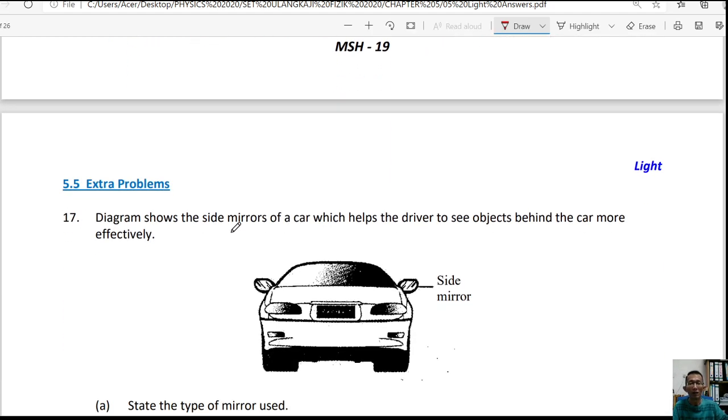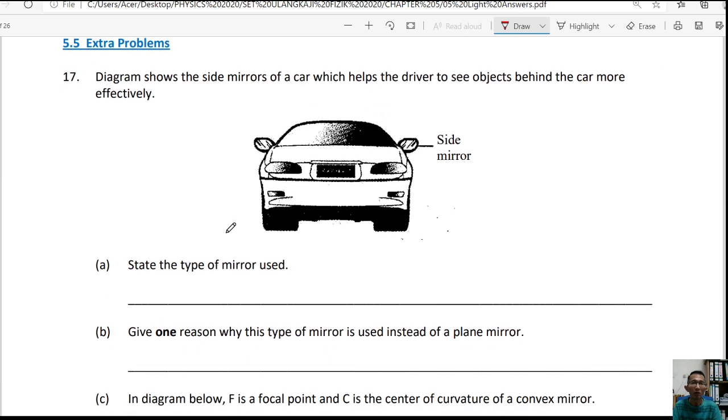Okay, this is an extra problem. The diagram shows the side mirrors of a car which help the driver to see objects behind the car more effectively. So we are talking about this side mirror. What type of mirror is used? This one is definitely a convex mirror.